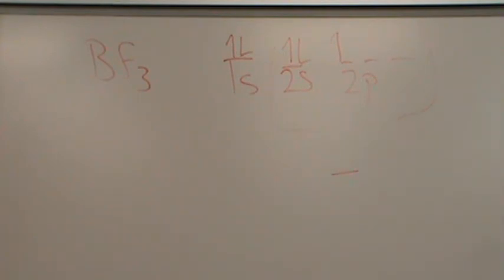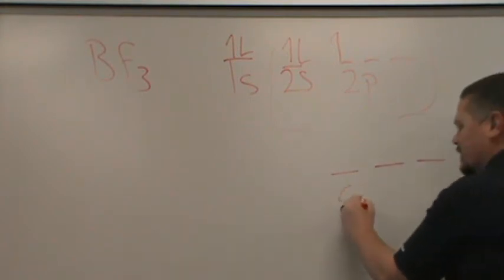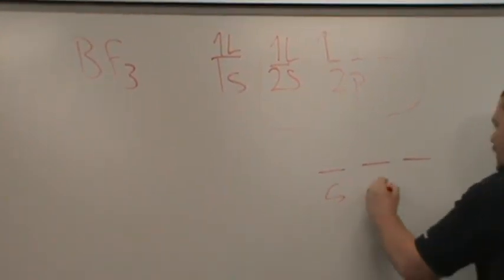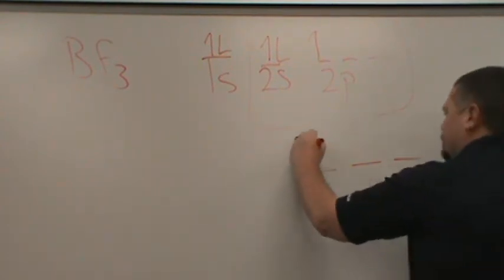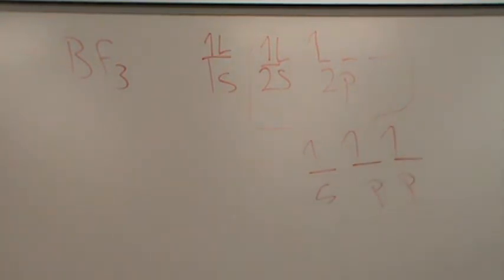How many p sublevels are we going to need to have? 2, because we already take 1 from the s, then we need 2 of the orbitals from the p sublevel so that we get those 3 unpaired electrons. So this hybrid orbital would be called sp2.